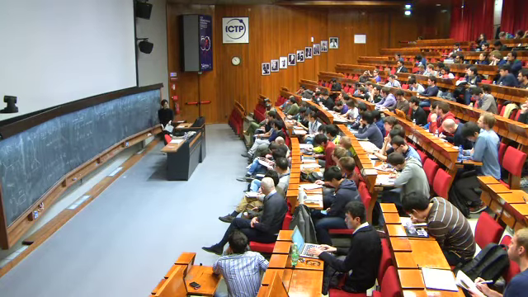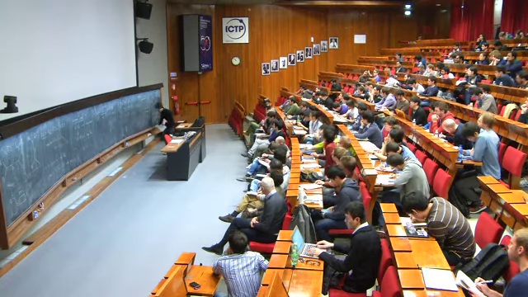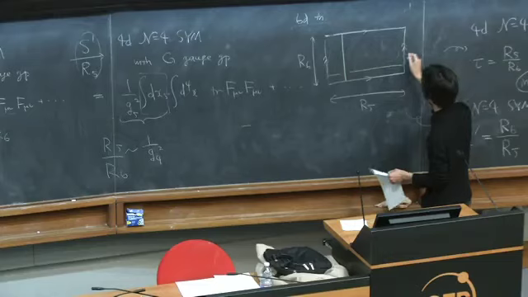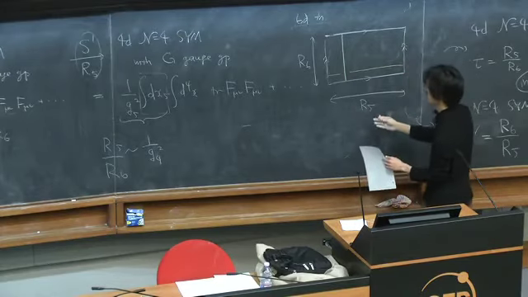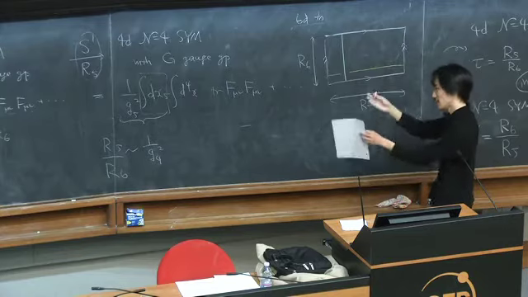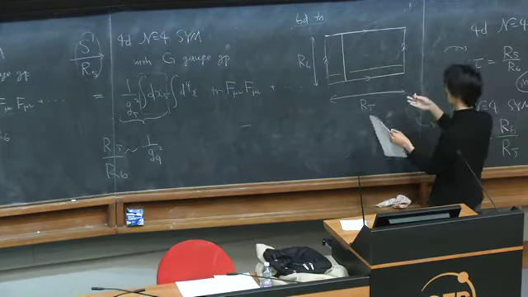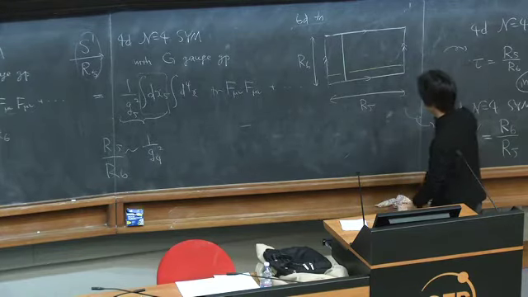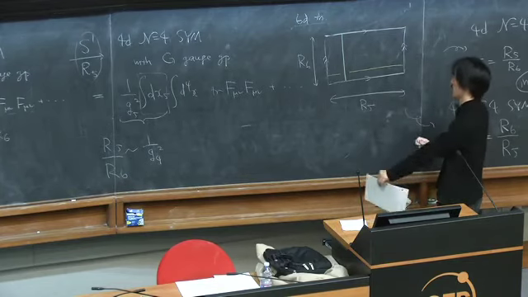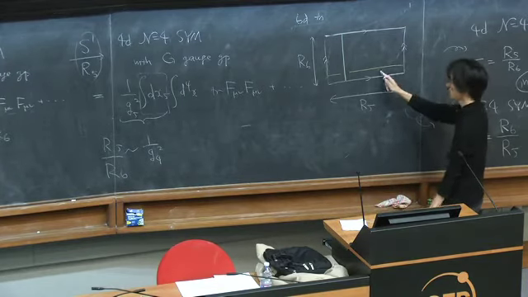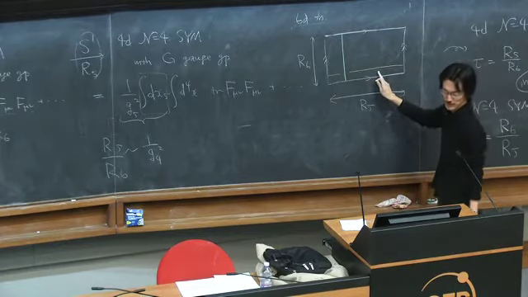But let's just consider these two cases. I didn't explain this, but if you go to a generic point on the moduli space of the supersymmetric vacuum, these strings are tensionful. So these are massive strings.